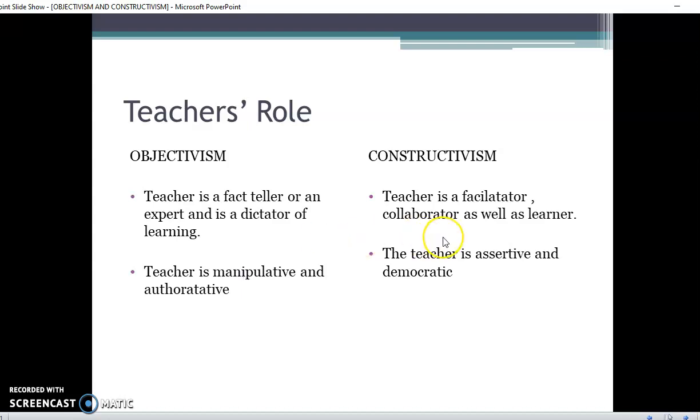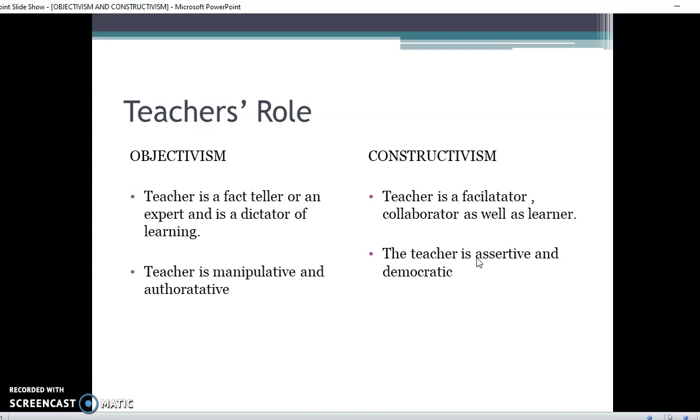But unlike objectivism, in constructivism the teacher is considered to be assertive and democratic, because the students are given the maximum freedom to learn whichever way they are comfortable with, the teacher's role being just a facilitator, collaborator as well as a learner. So this is how different the role of a teacher is in an objectivist classroom and in a constructivist classroom.